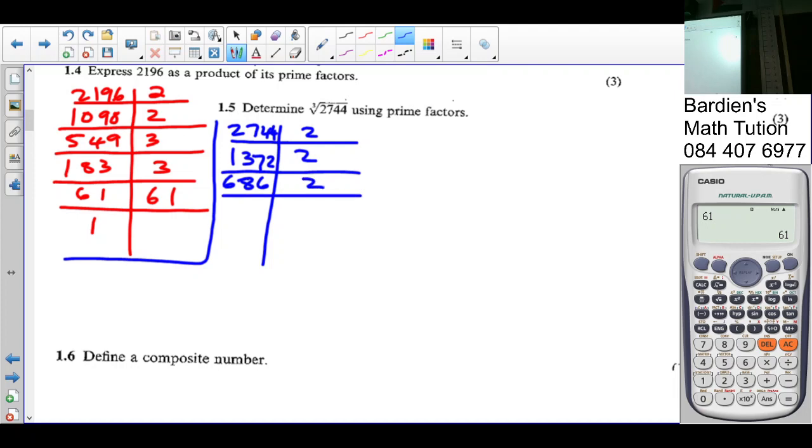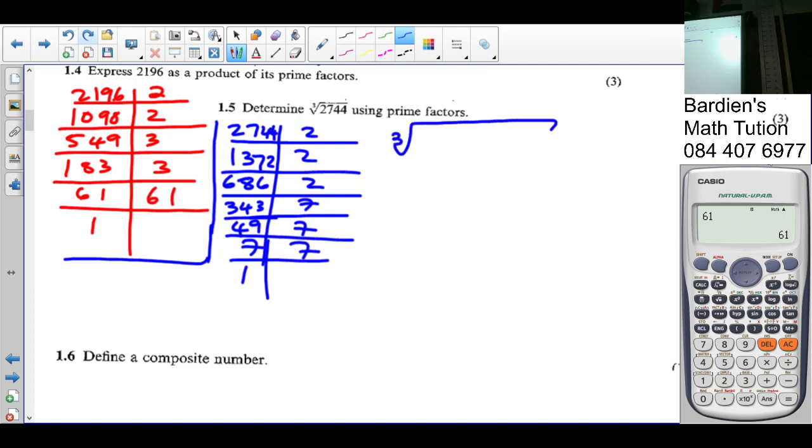Right. 2 goes how many times? 343. 2 can't go any longer. 3 goes? 3 can't go. What's your next prime number? 7. 7 goes 49. 7 goes 7. So in other words, the cube root of 2,744 is the same as the cube root of 2 to the exponent 3 times 7 to the exponent 3.